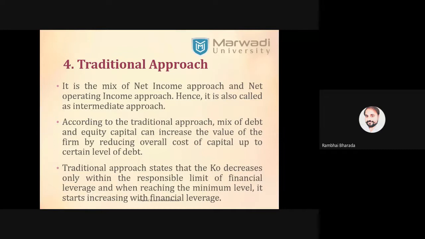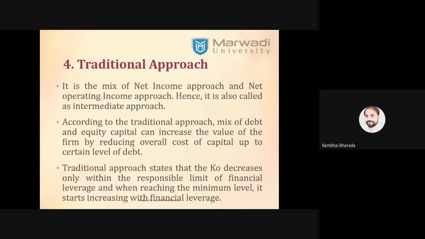According to this theory, if a company uses debt or equity up to a certain level, it is fine. Suppose up to 5 lakh the company uses debt, the company uses a loan, it is fine. If the company uses more debt beyond 5 lakh, it will increase the cost of capital as well as reduce the market value of the firm.